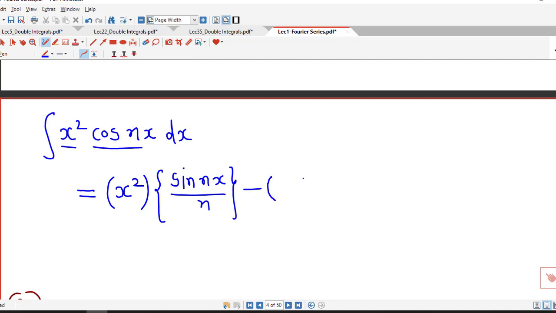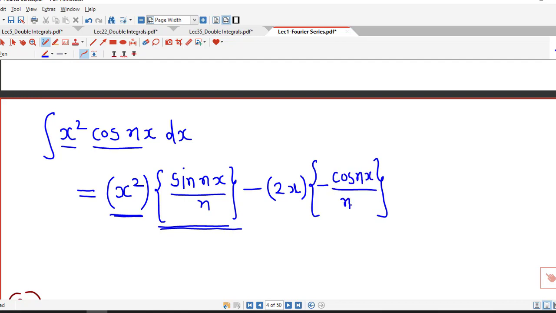Now here we will consider derivative of first function in this product. So derivative of x square is 2x, and here in this second bracket we will consider integral of this function sin nx by n. So integral of sin nx is minus cos nx by n, and there is one n here, so we have n square.